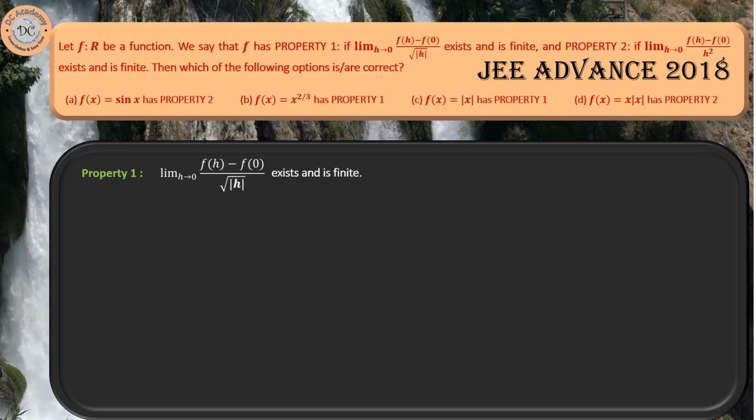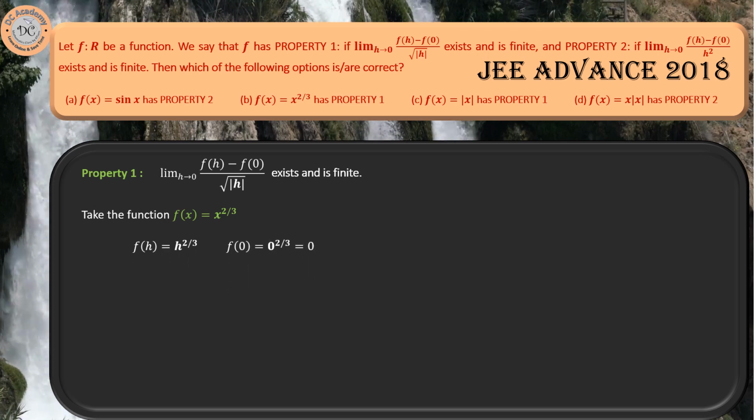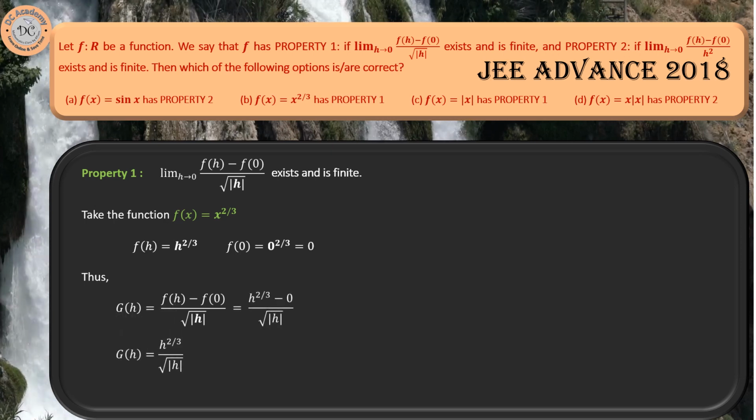So first we consider the function f(x) equal to x to the power 2 by 3, and then we calculate f(h) as well as f(0), which is equal to 0. We redefine the function as we did earlier, g(h), which is (f(h) minus f(0)) divided by the square root of mod h, which is equivalent to h to the power 2 by 3 divided by the square root of mod h.